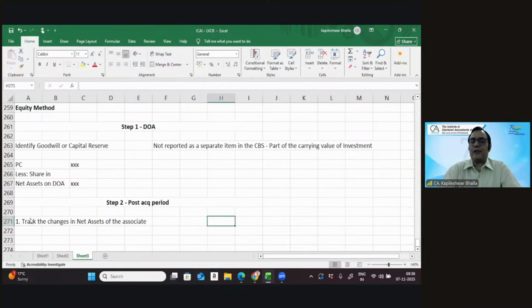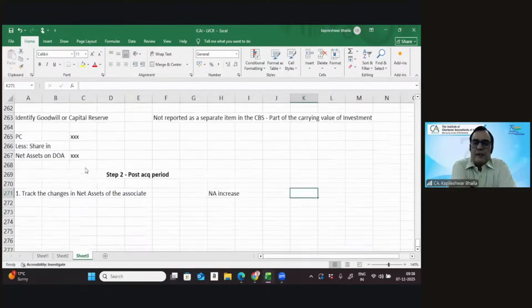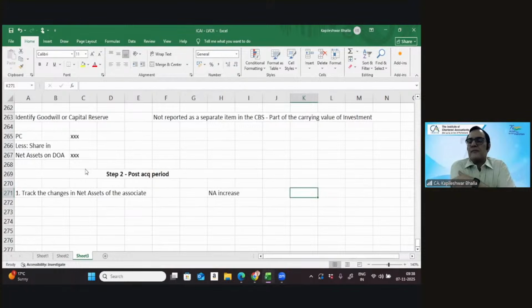So when you say track the changes in the net assets of the associate company, if the net assets increase, what will you do with the investment? Debit or credit? The idea is to track the changes in the net assets of the associate company.